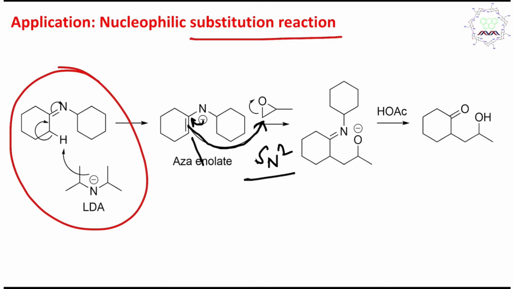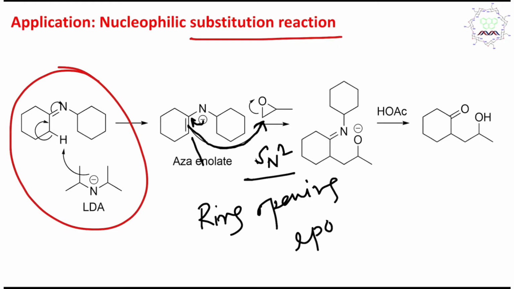You may consider this a ring opening of the epoxide under alkaline type conditions, and this favors attack on the less bulky side.